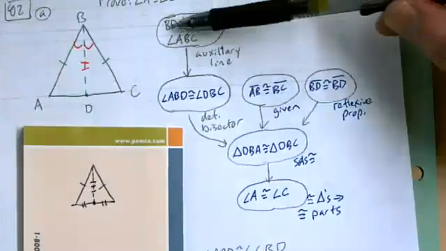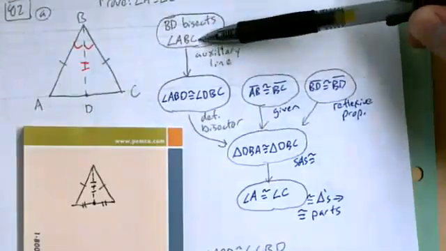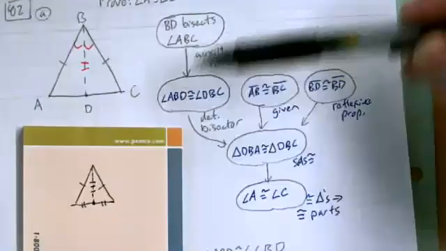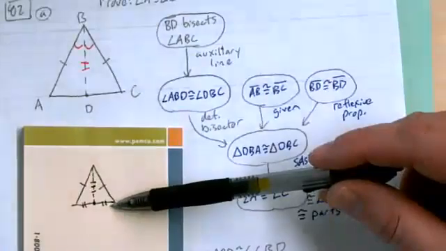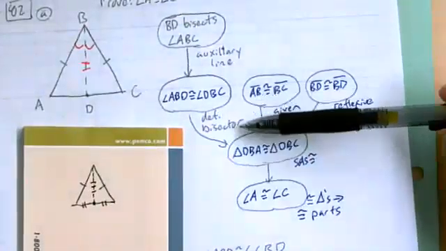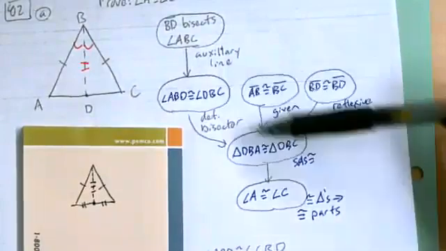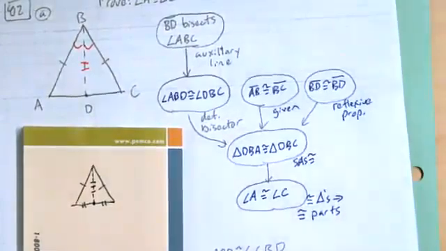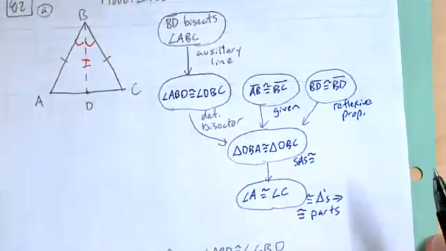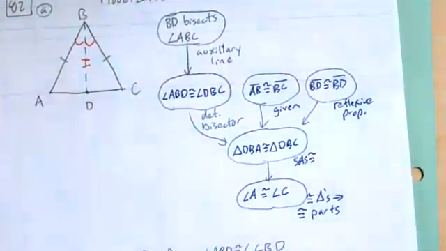They said BD bisects AC. Instead of bisecting the angle, they chose for it to bisect the bottom. And then this would be definition of a bisector also, except theirs said AD is congruent to DC here, and this was SSS. So does that answer your question? Yep, thanks for asking about that. That's the first time we've seen that, so I'm glad you asked about that.